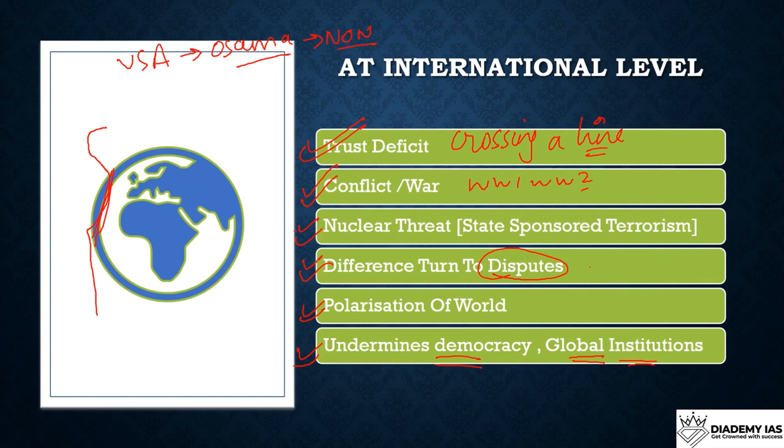Okay, how? Because if things are forced upon you, what will you do? You will not be following democracy, right? That is dictatorship. And there are many global institutions which are undermined, like the UN. See, there is one thing in international ethics that we will see when we read our topic on it, that ethics are extremely important in international ethics because there is no one umbrella agency that will be able to enforce the following of the rules and punish people who are not actually following the rules.